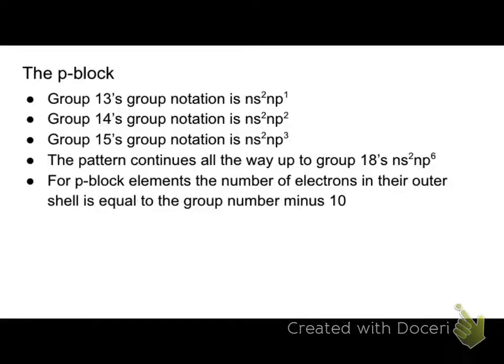So let's look at this outer shell thing again, because I just want to help clarify a little bit. I'm just going to draw here on a plain white background. So the first group, we said group 1 had 1 electron in its outer shell. And then group 2 has 2 electrons in its outer shell.